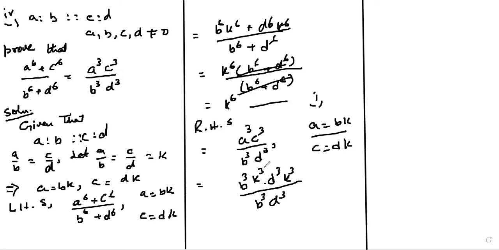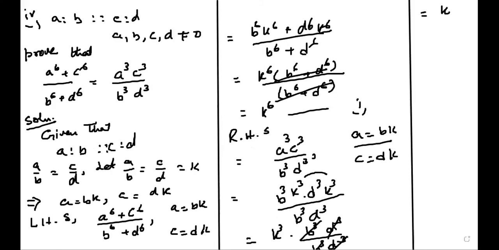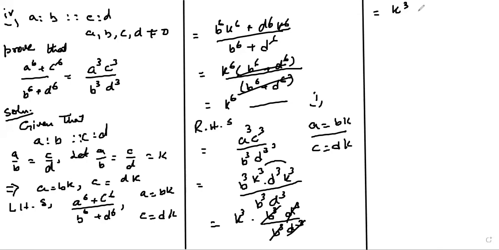So K cube and K cube multiplied, we have K6, and then B cube D cube divided by B cube D cube cancels. We are left with K6. Let's give it number 2.